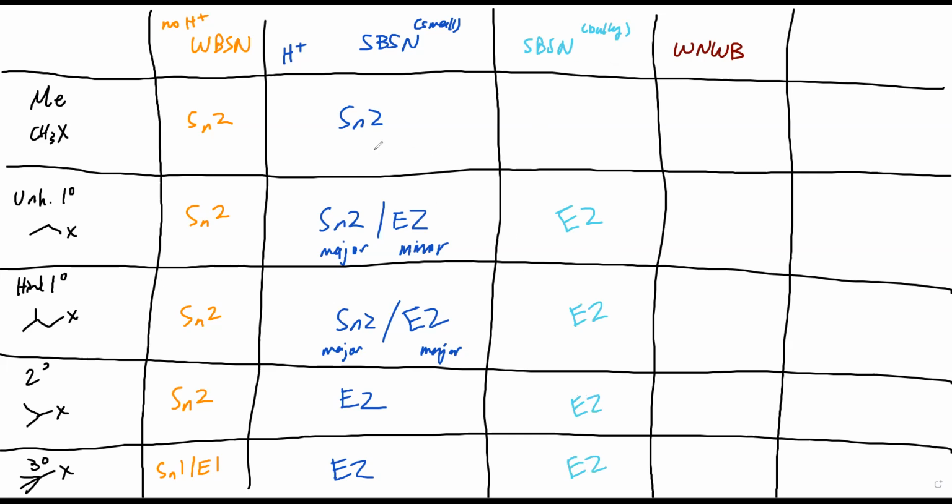The only one that does a substitution is methyl, and the reason for that is, remember, for elimination we need a beta carbon. Methyl substrates don't have a beta carbon. They only have an alpha carbon. So maybe I'll label that: these have alpha and beta, this has alpha and beta, this has alpha and beta, and this has alpha and beta, but the methyl substrate only has an alpha carbon.